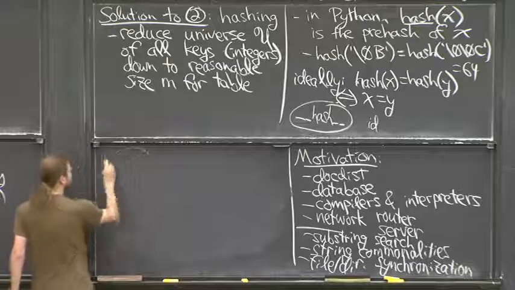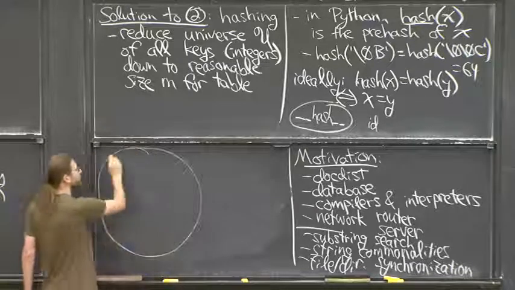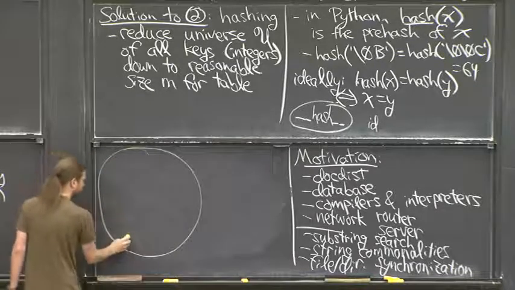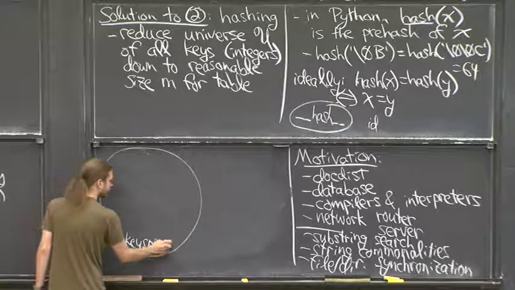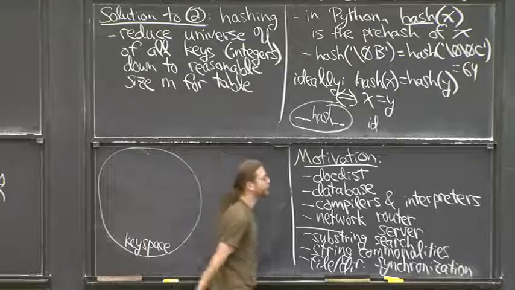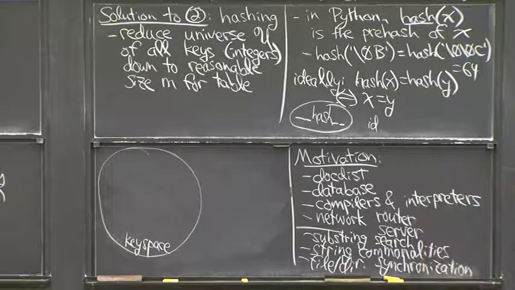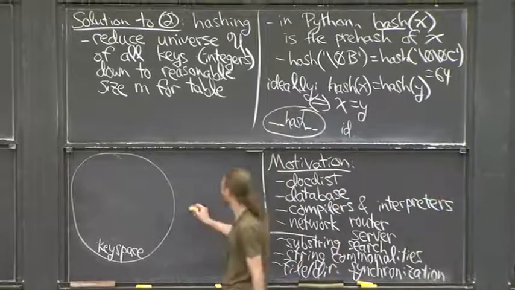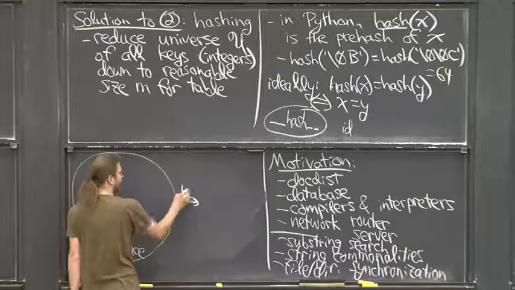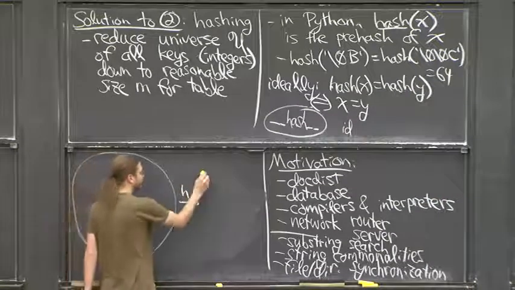So we have this giant space of all possible keys. Call this key space. It's like outer space, basically. It's giant. And if we stored a direct access table, this would also be giant. We don't want to do that. We'd like to somehow map, using a hash function, h, down to some smaller set.